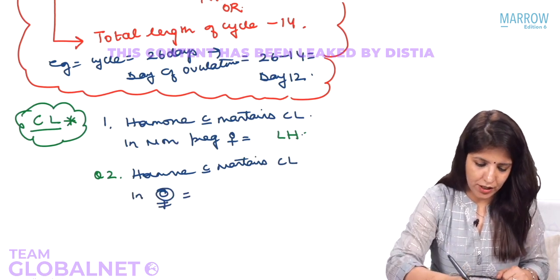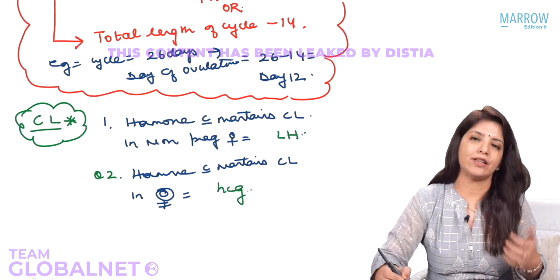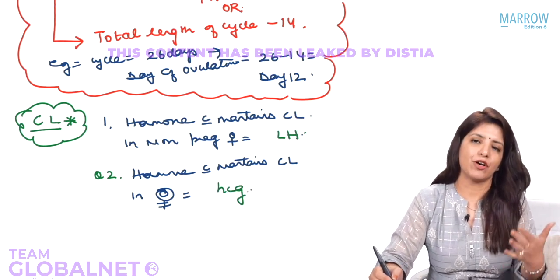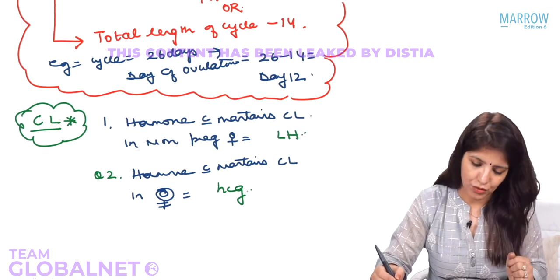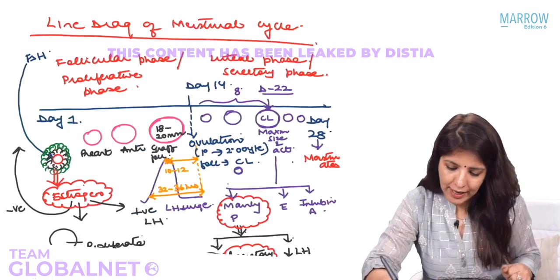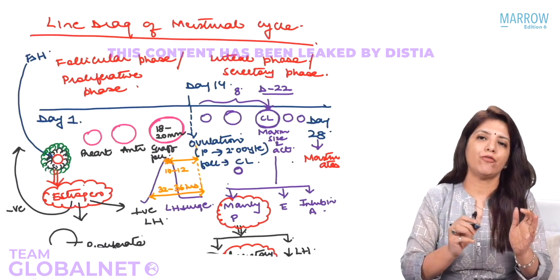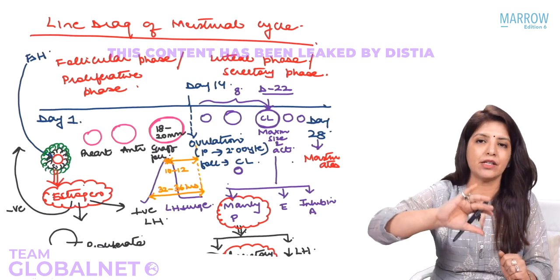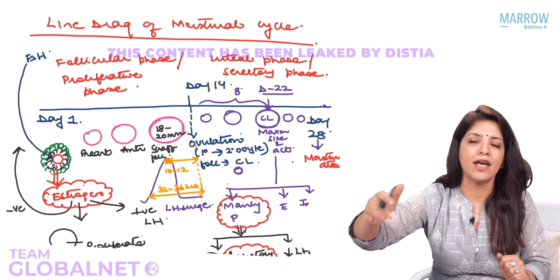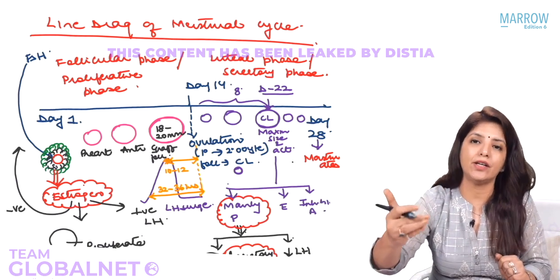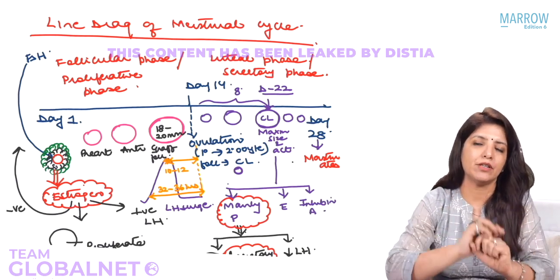In pregnancy, we said that it is hormone HCG, and that is why we say LH and HCG are functionally the same, right? Now, in your line diagram, you see that the corpus luteum was formed on day 14. It then increased in size, it then decreased in size, and finally by 28 days, menstruation has happened.